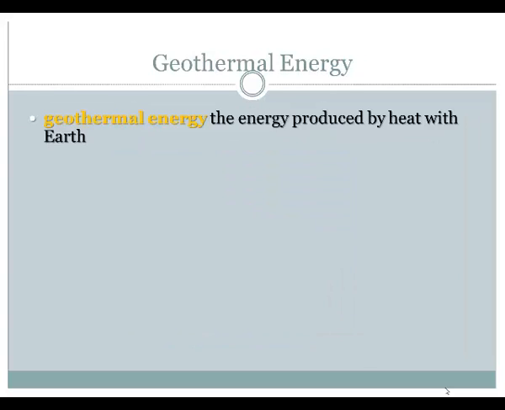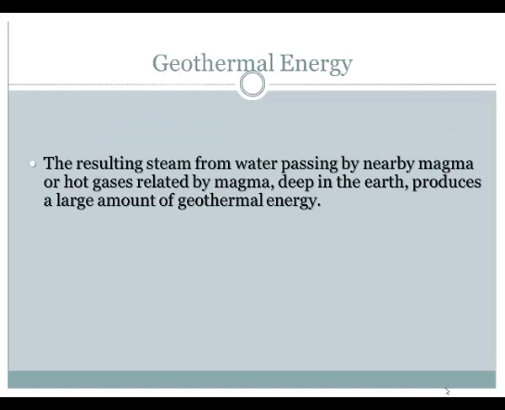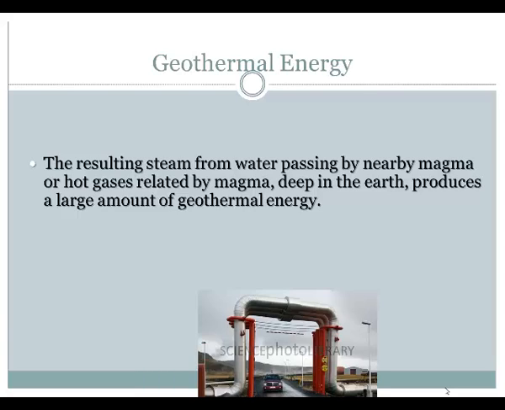So geothermal energy. It is the energy that's produced from the heat within our planet. The resulting steam from water passing by nearby magma chambers or hot gases that are coming off of magma chambers. Those magma chambers or gas chambers are deep within the earth, and they give us large amounts of heat energy.